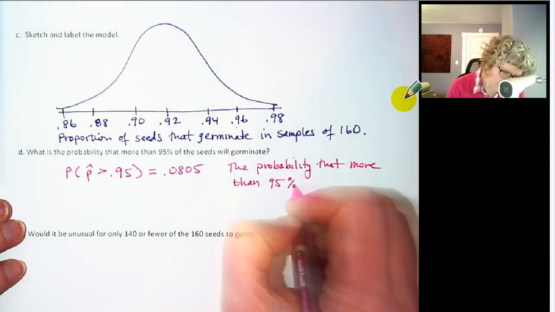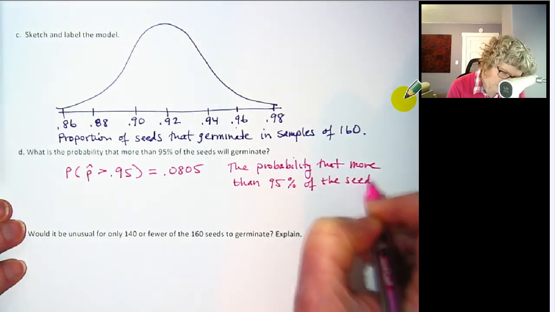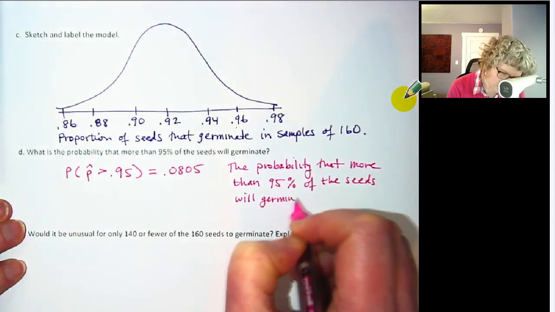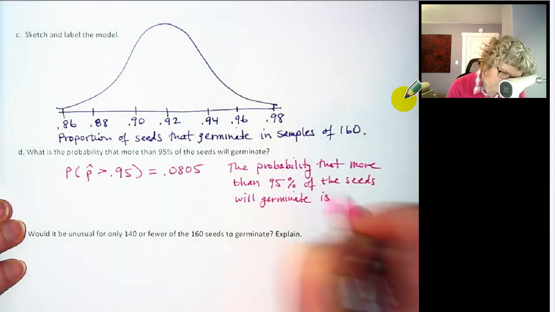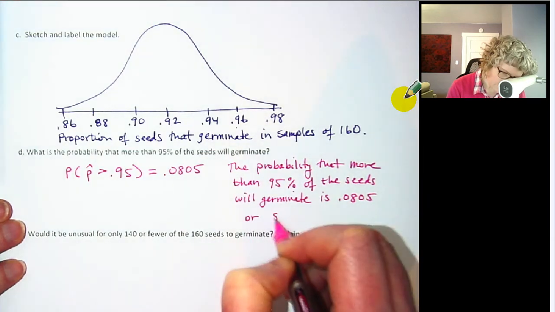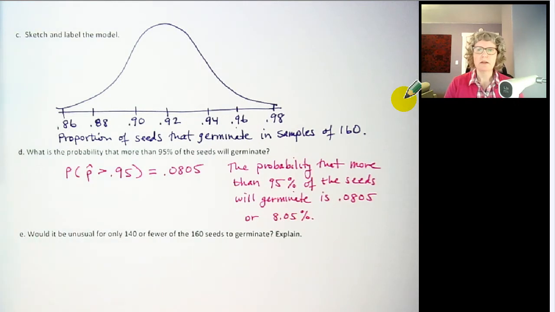Probability that more than 95% of the seeds will germinate is 0.0805 or 8.05%. Okay.